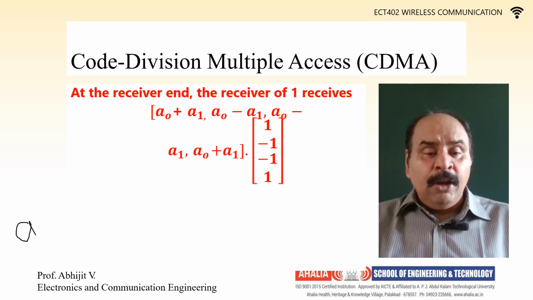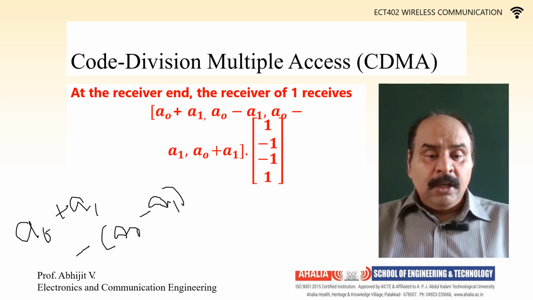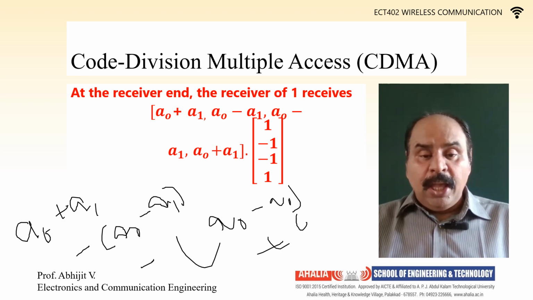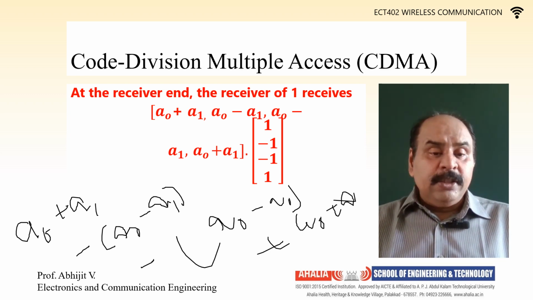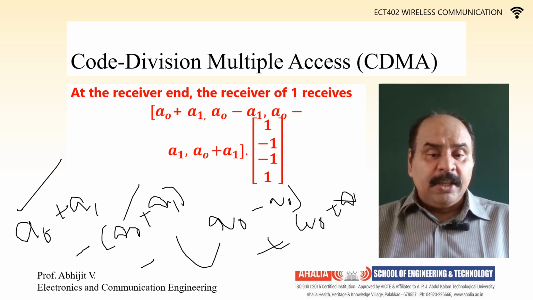A0 plus A1, minus A0 minus A1, minus A0 minus A1, plus A0 plus A1. So here you will get this as A0, this as minus A0, but this will become plus, right? You are changing the sign here.